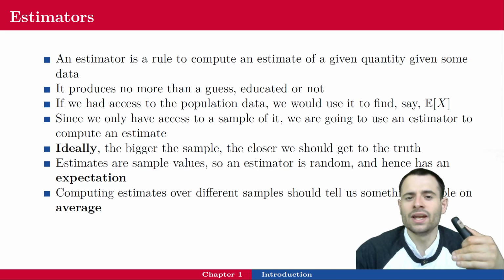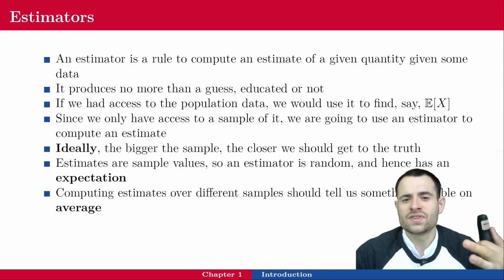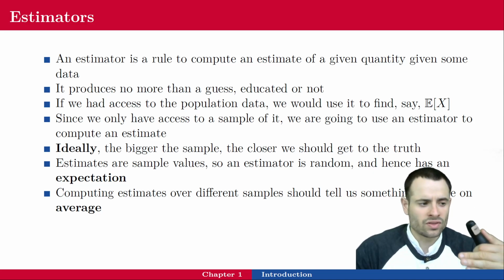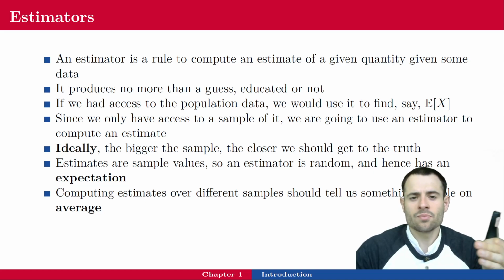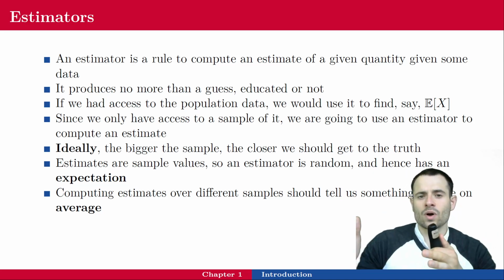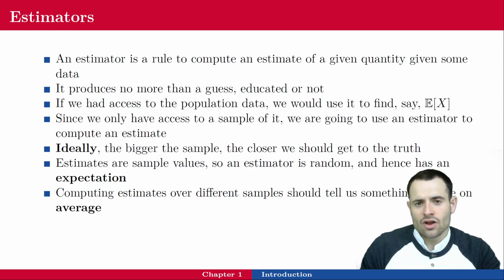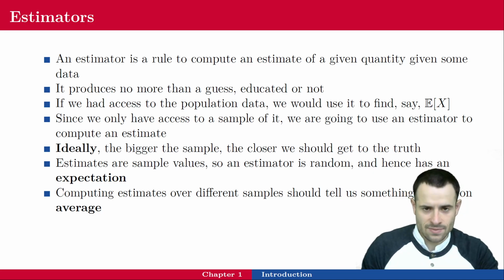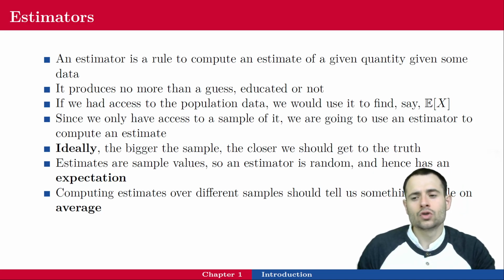I say so, but it is not always the case. It would be ideal for an estimator that if I use the same estimator on different samples, not bigger, they could be the same size but different ones, then on average my estimate is close to the true thing I am trying to estimate.